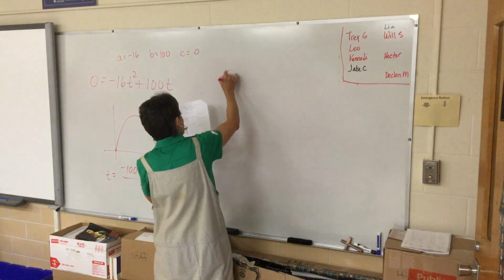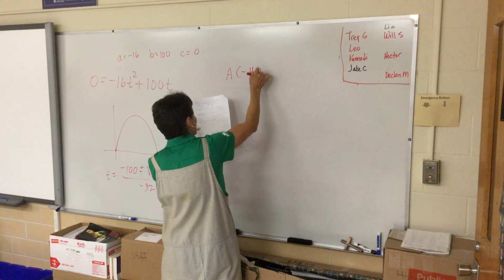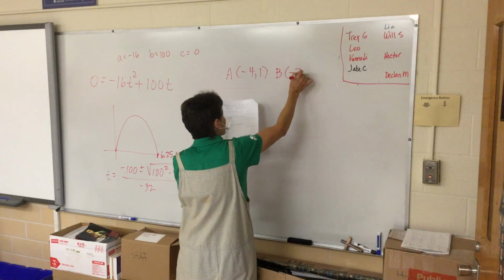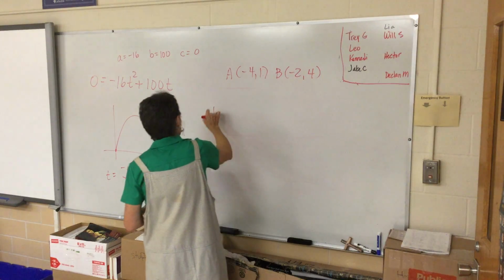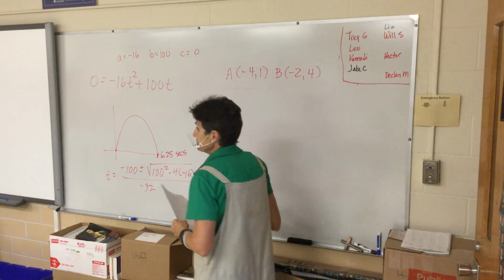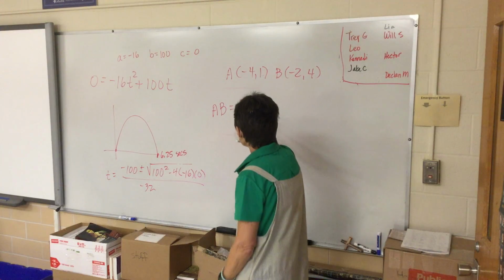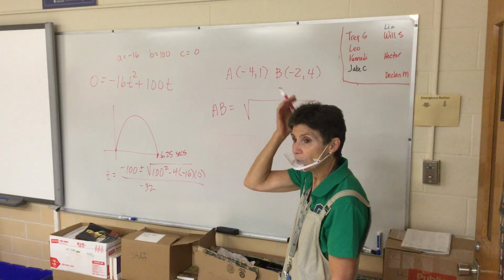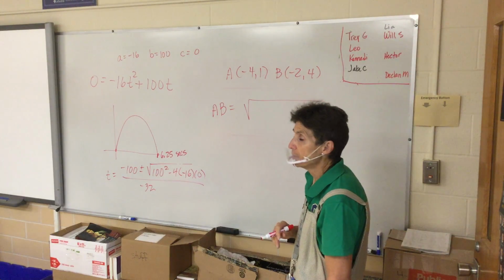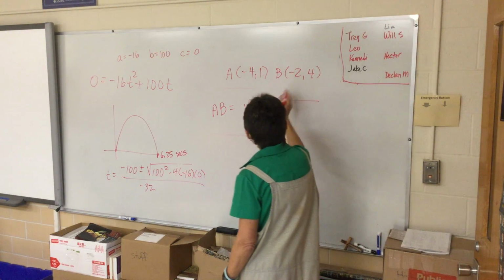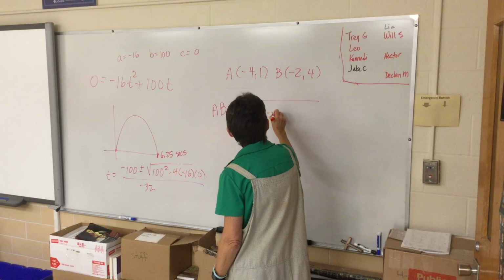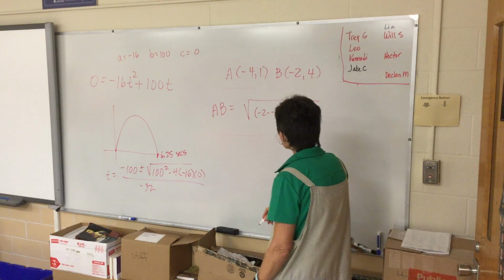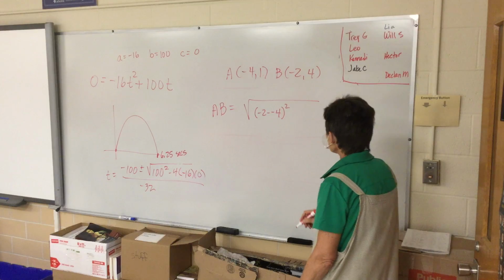Okay? All right, last one. We've got 2 points. And we want to find this. What does that mean? Distance. So that's the radical. How does that work? So it doesn't matter which way you go. So -2 minus -4. You are going to have to be careful with all these negatives in this problem.